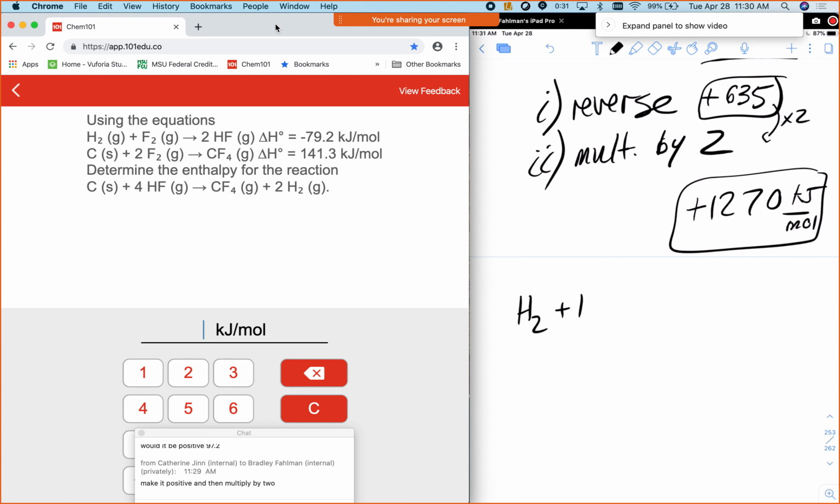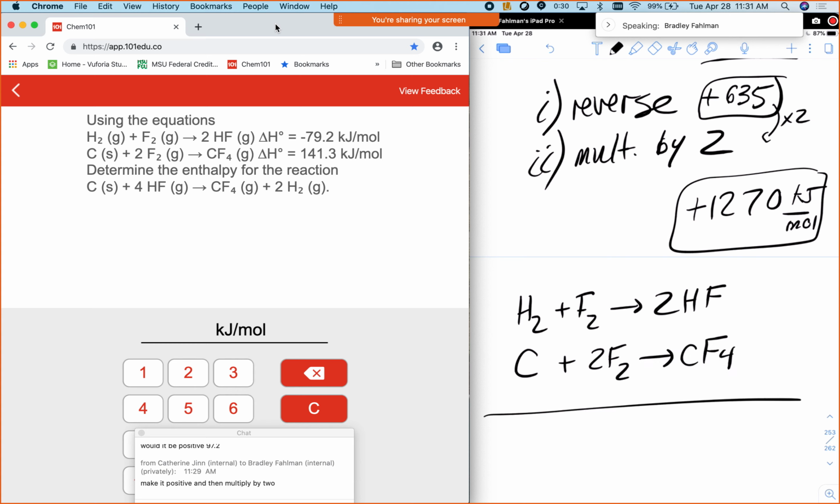I'll rewrite them here. This helps too: if you rewrite them, you can see what you need to do to add them up appropriately. I think it helps.